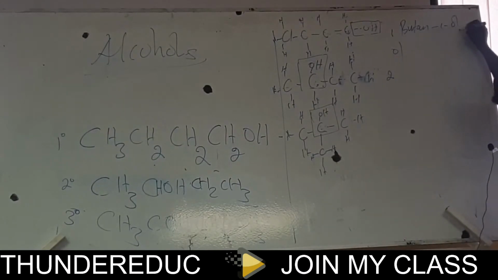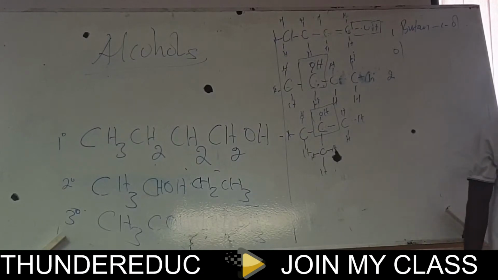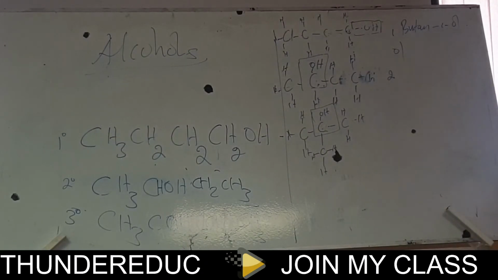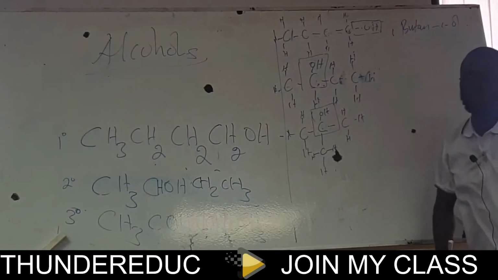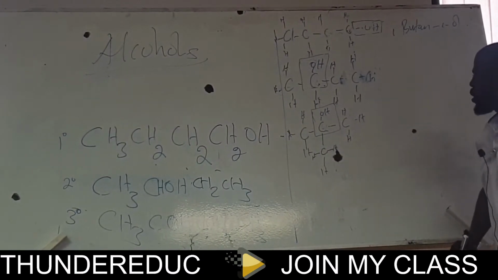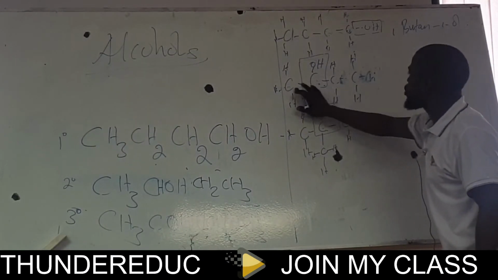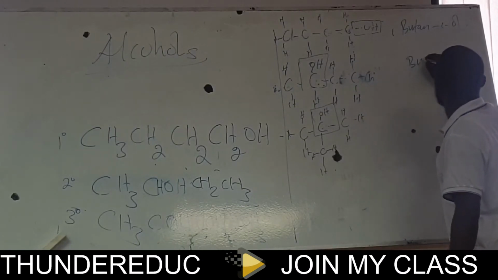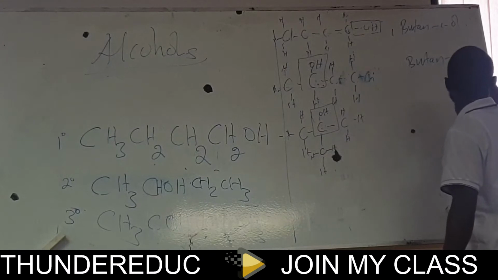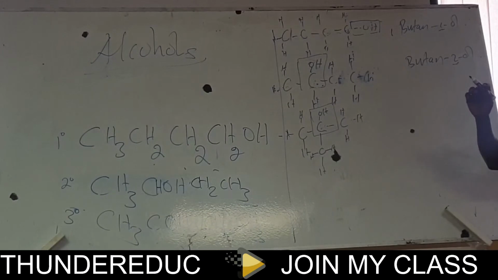So it becomes butan-1-ol. There are 4 carbons; prop is 3. Now what about this? It is but. 1, 2, 3, 4, and the OH is on carbon atom number 2. So it is butan-2-ol. You see, the position has changed. That's why we say positional isomer.